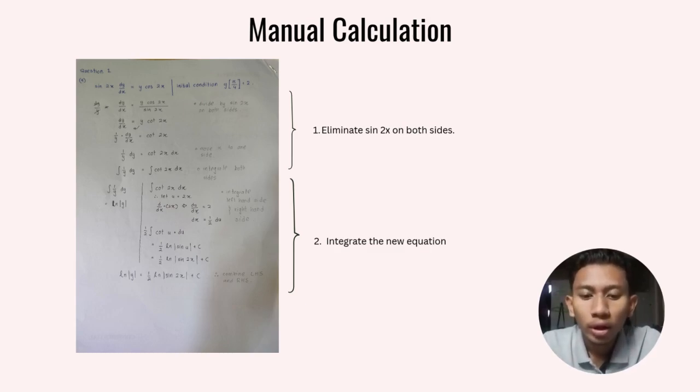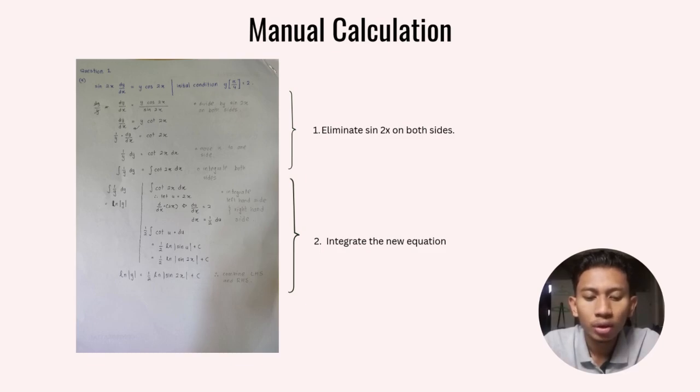Given in question 1a is 2 sin 2x dy/dx equals y cos 2x with an initial condition of y(pi over 4) equals 2. First, to make it simpler, eliminate sin 2x by dividing both sides by sin 2x. Then you will get the new equation where dy/dx is equal to y cos 2x over sin 2x.